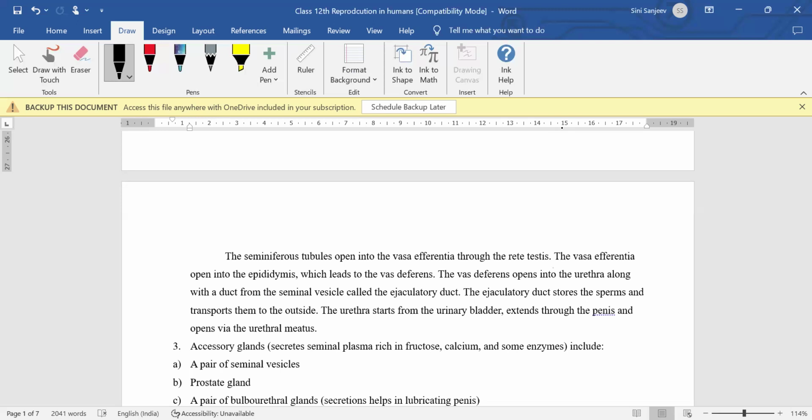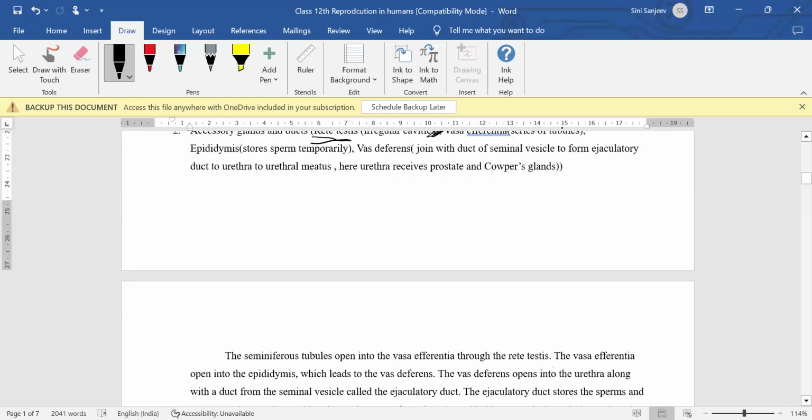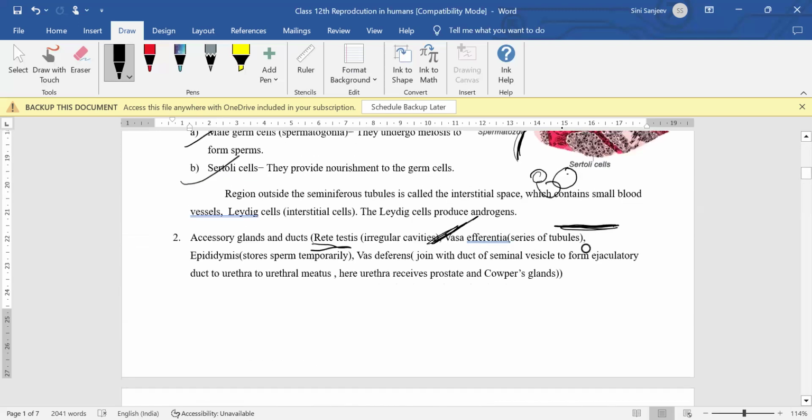From the vas deferens, the stored sperms from the epididymis go into the urethra and the ejaculatory ducts. From the ejaculatory duct, it goes to the urethra, and finally through the penis it is excreted into the female body.